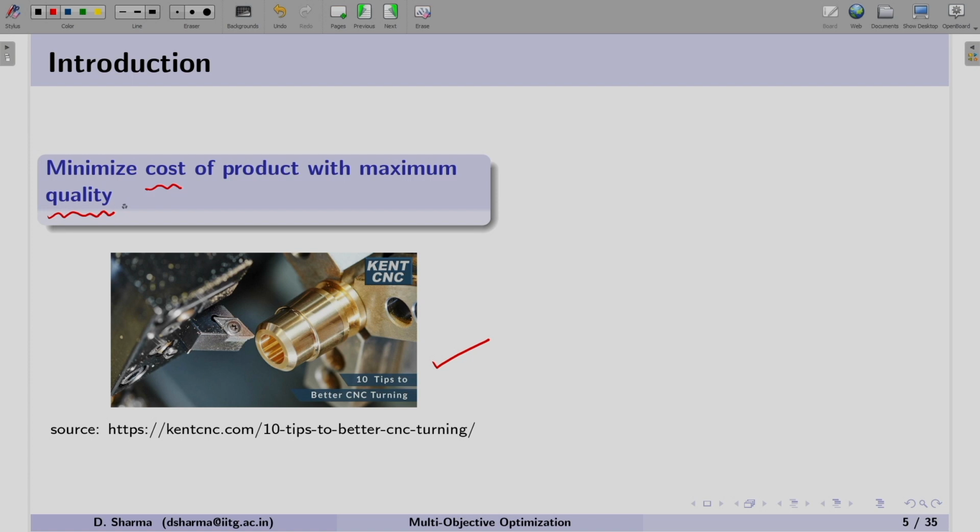As we understood, if we are going to minimize the cost of the product, we have to compromise with the quality. Similarly, if we want a quality product, then most of the time the price of the product is also high. So, what we understood from this example is that when we want to improve one objective, we have to compromise on another objective, and that is multi-objective optimization.